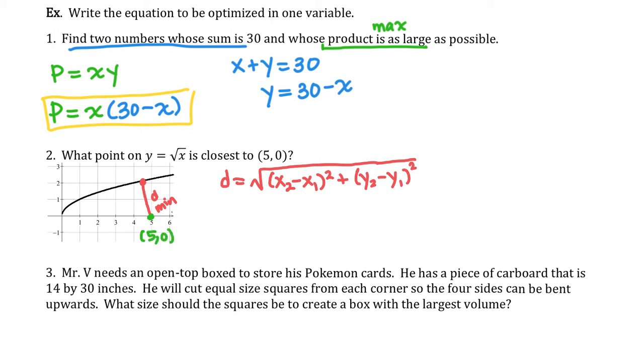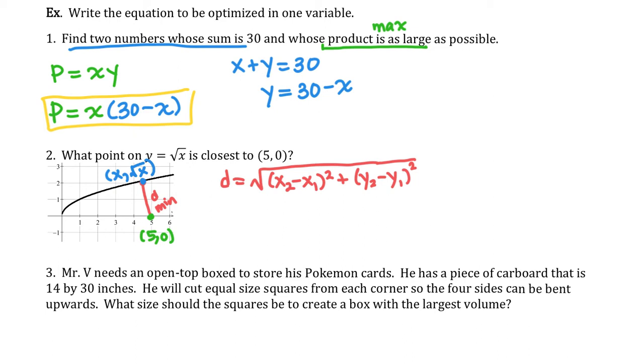Now the second point here is x comma y, and I'm trying to determine which x, y is the closest. But actually, they're telling me that y is root x. So instead of writing x comma y, I could write x comma root x. That way I at least have one variable.